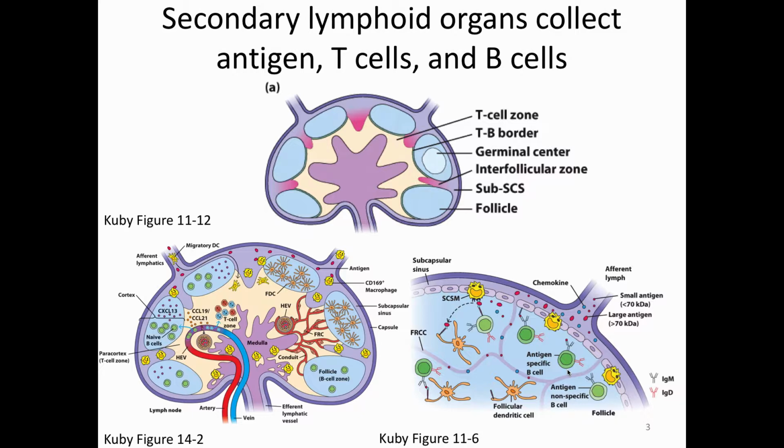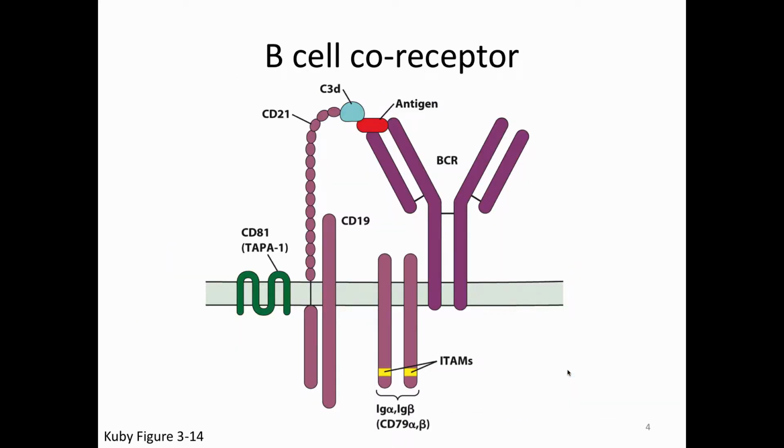For our B cell to become activated, we of course need signaling through our B cell receptor. We talked about the B cell receptor a bit in the past. We saw how the B cell receptor did not have a particularly long cytoplasmic domain, just like the T cell receptor, which will be on the exam on Friday.